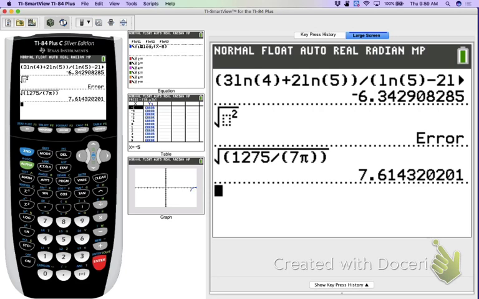Did it ask for it in 3 decimal places or 2 decimal places? I can't remember. 3. Okay.